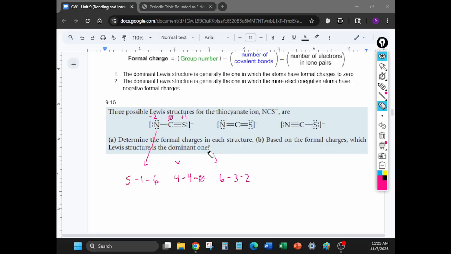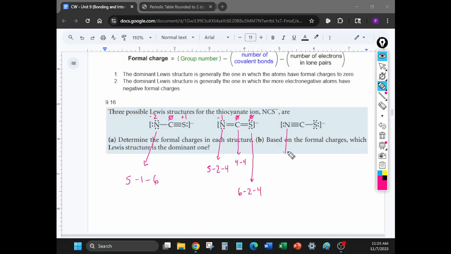Okay. I'll speed up a little bit. I'll still show my work just so that you have it as a reference. This nitrogen right here is 5 minus 2 minus 4, that's going to be -1. Carbon right here will be 0, same thing as before, 4 minus 4 lines. And the sulfur right here will be 6 minus 2 lines minus 4 dots, that'll be 0.